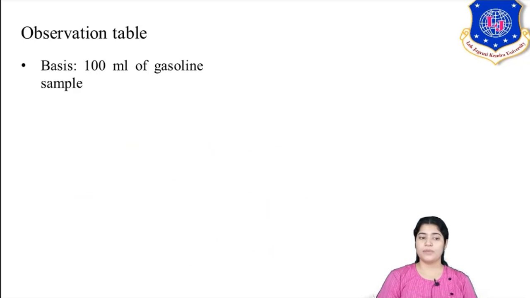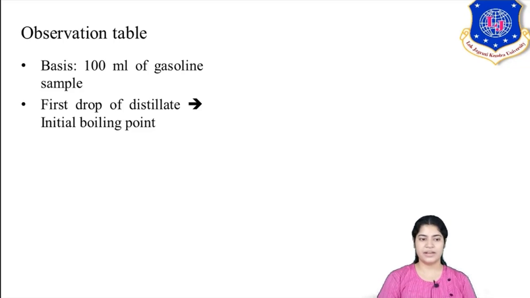Now, the observation table. Of course, a practical is done, so we are going to note down some observations also. This was discussed earlier too. In ASTM, the amount of sample is very small, from 100 ml to 500 ml only. Here I am taking my basis as 100 ml.